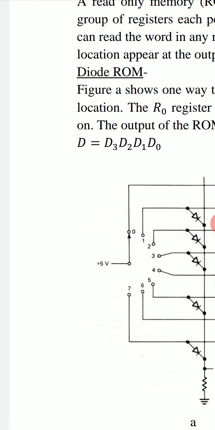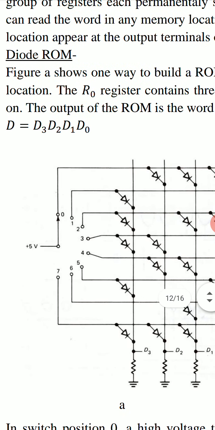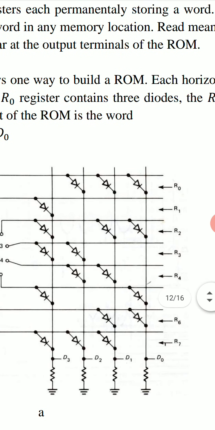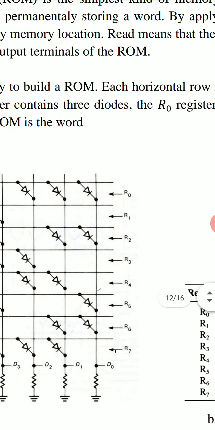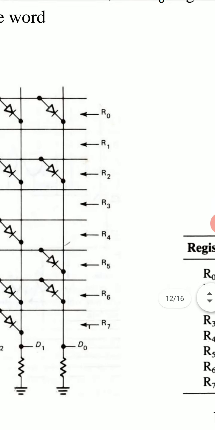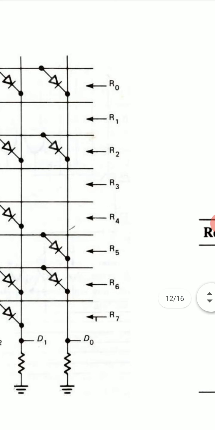It is a register which can store a binary word, or it is a memory location which can store a binary word. The R0 register contains 3 diodes. These are the registers R0, R1, R2, R3 up to R7.